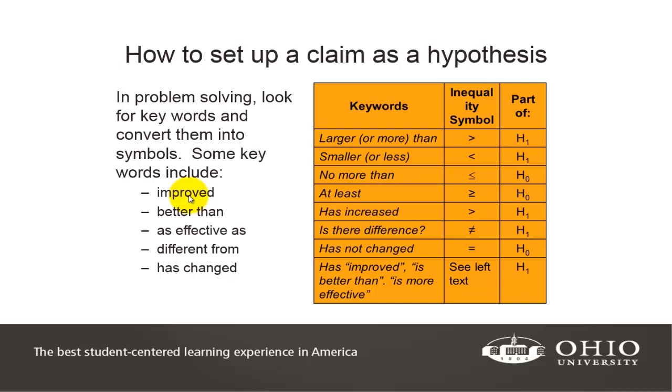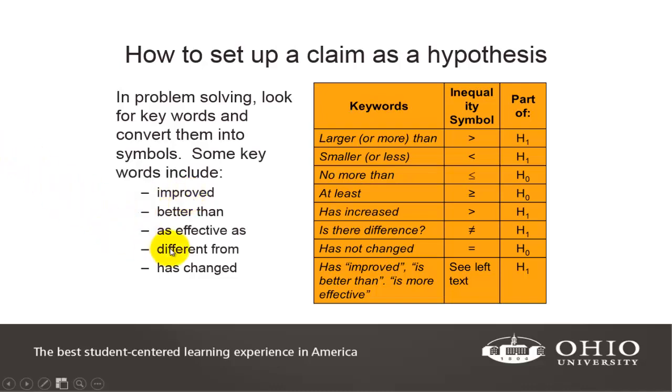If we're talking about profit, improved would be better. If we're talking about quality or defects, improved would be less than. So improved could be greater than or could be less than. Greater than and less than must always be in the alternate hypothesis. Remember, the equal must always be in the null hypothesis.